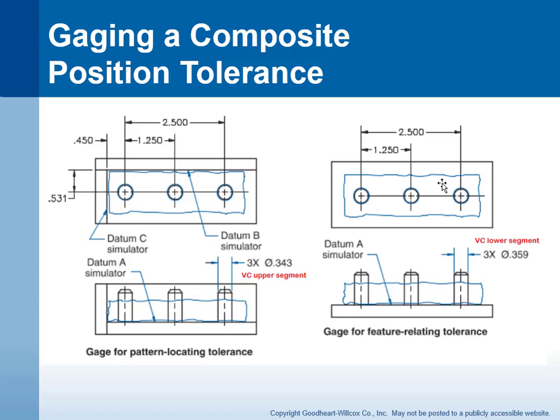The part would have to fit over the three pins, and also be able to contact the datum A simulator. If you can get the part over those three pins and it contacts the datum simulator, then the part is good relative to that second lower feature control frame. Again, this is how functional gauges work. They're an easy check for true position.